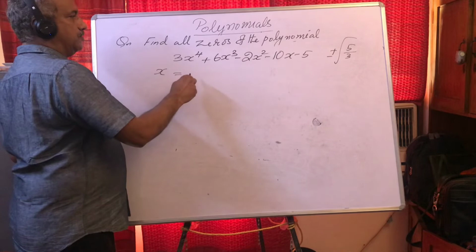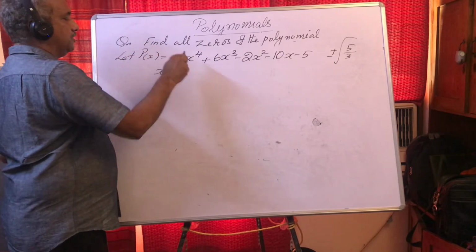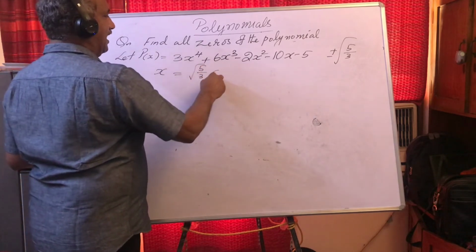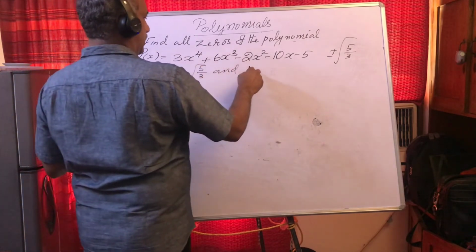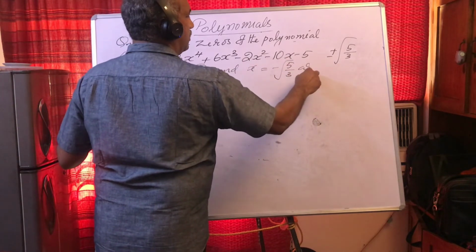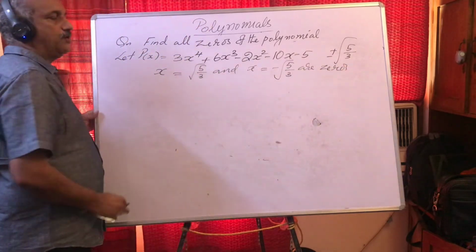Let p of x be this polynomial. Then x is equal to root 5 upon 3 and x is equal to minus root 5 upon 3 are zeros or roots of p of x.